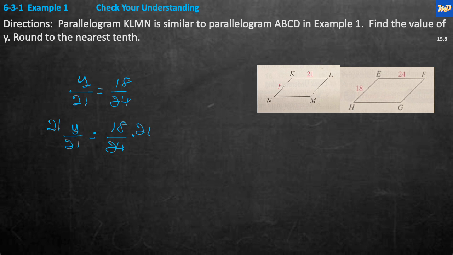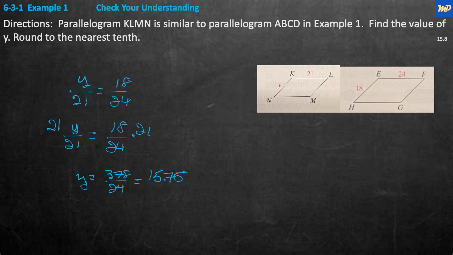Okay, and 18 times 21. Having used the calculator here now, we're going to find out that y is equal to 18 times 21 is 378. 378 divided by 24 equals 15.75.